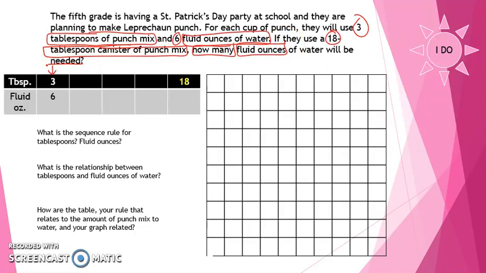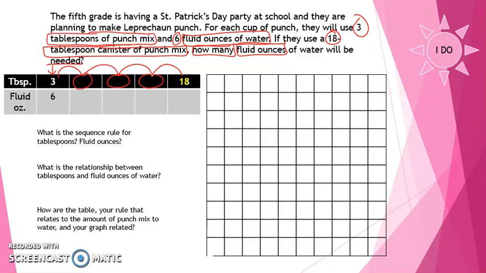Okay, so if we start with 3, and we then end up with 18, we have to think to ourselves, between each one of these batches of punch, how much are we adding in the sequence to get to our 18? Okay, so between the 3 and the 18, we have 1, 2, 3 unknown numbers.